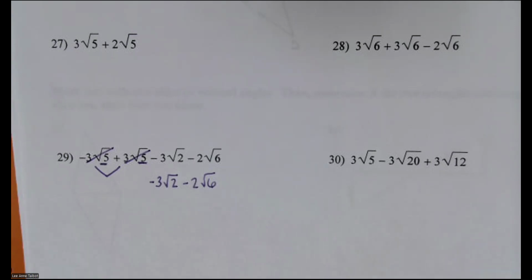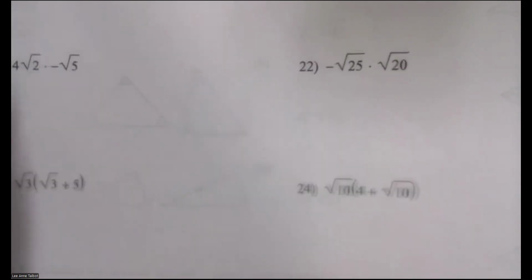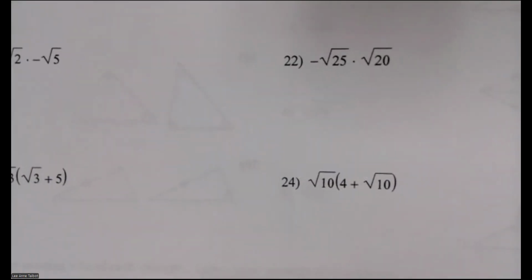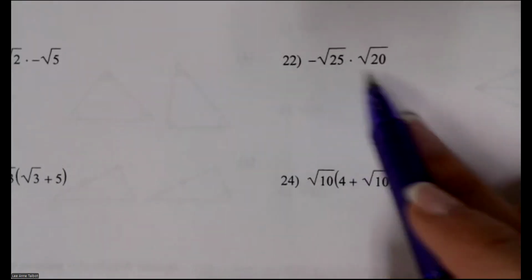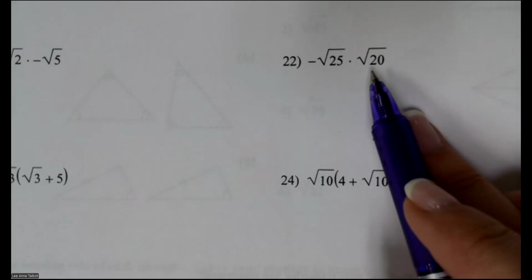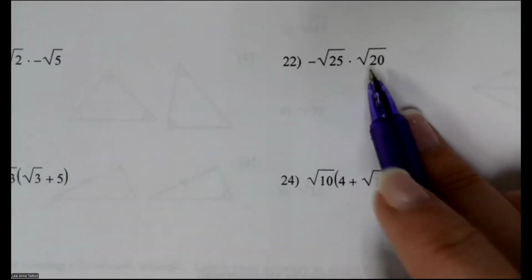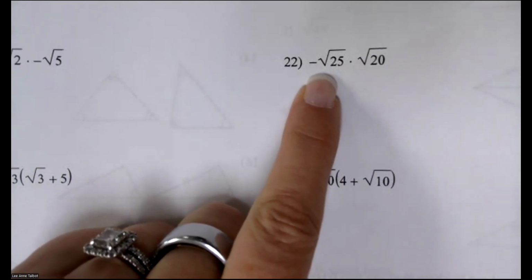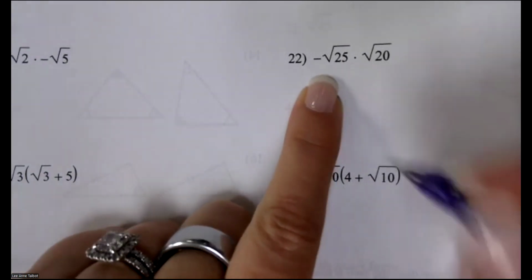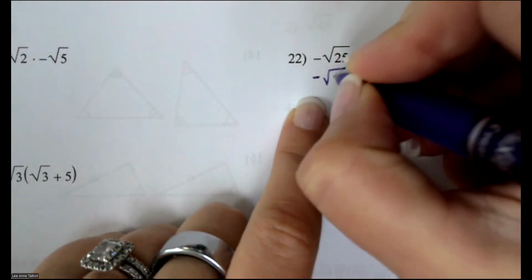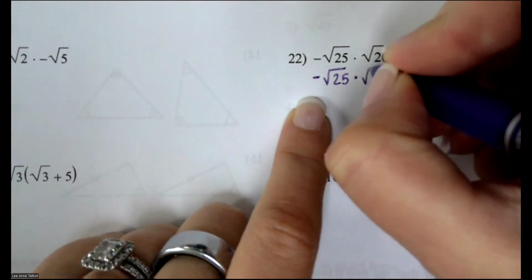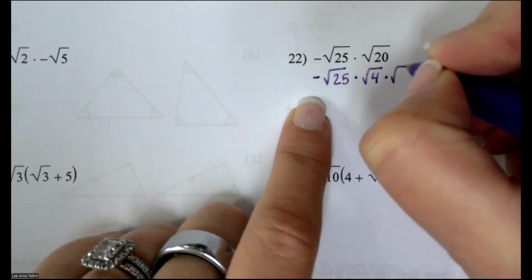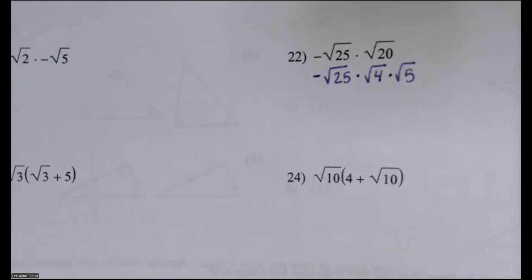Yes. Okay, now, did you multiply these two? Yeah. It's best if you don't. Because the square root of 25 is already a perfect square, what I would do would be negative square root 25 times the square root of 4 times the square root of 5.